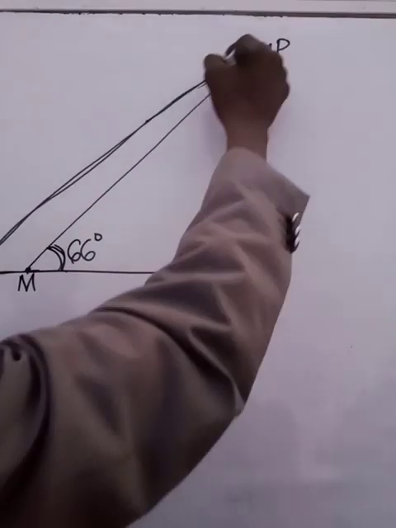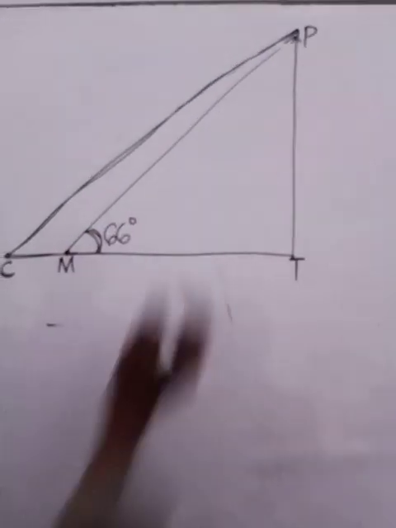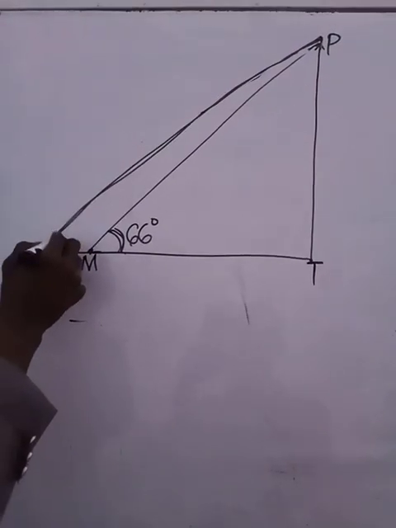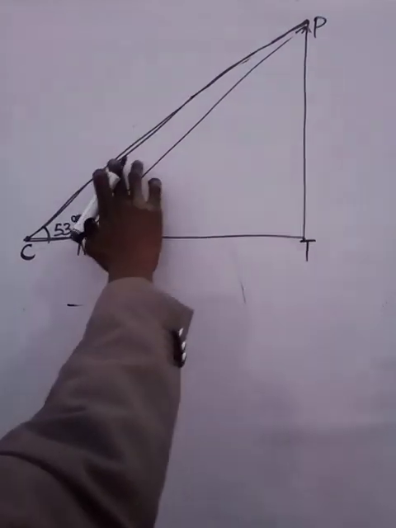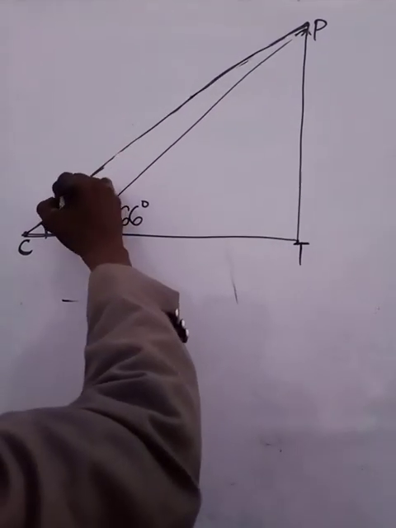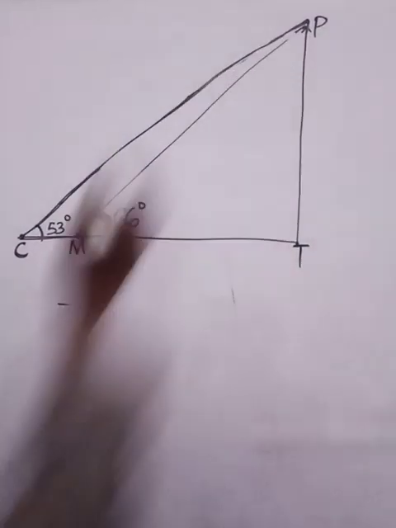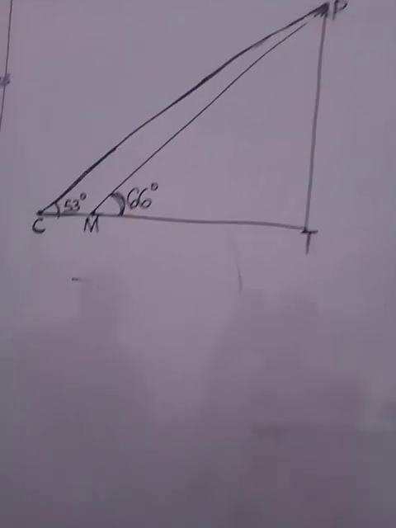So you use your ruler, you draw it. And the angle of elevation is now 53 degrees.